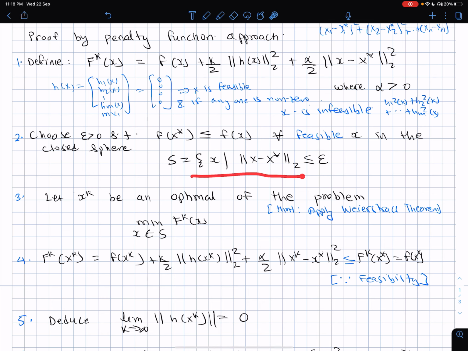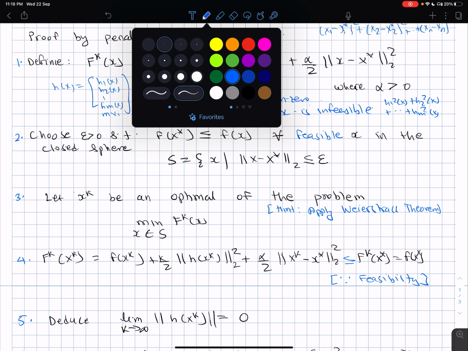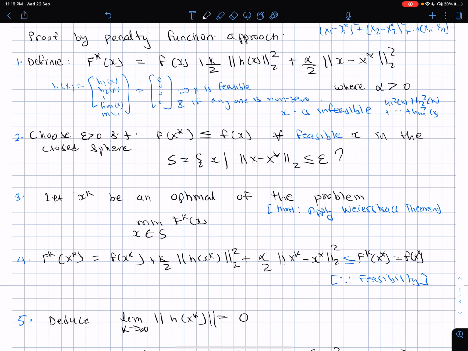What is the closed sphere? The set of all x such that they are within epsilon distance of x star. I have missed a bracket here, let me close it.